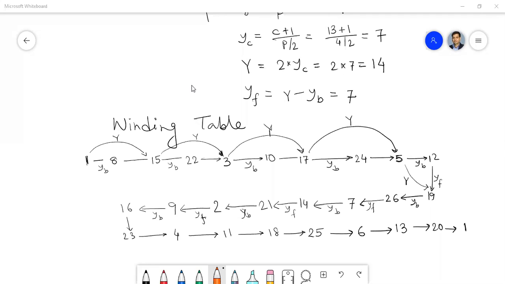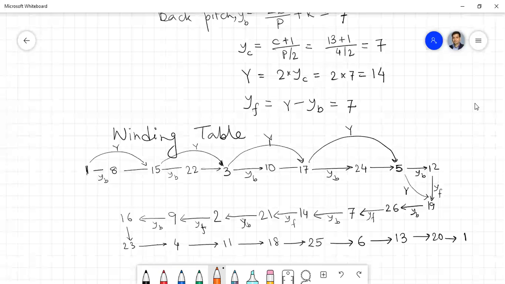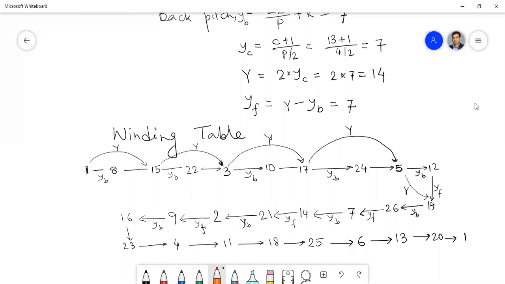Now, another problem you have in case of lap winding is due to the fact that, as I have just pointed out, for lap winding one parallel path comes under one particular pole, unlike the wave winding.